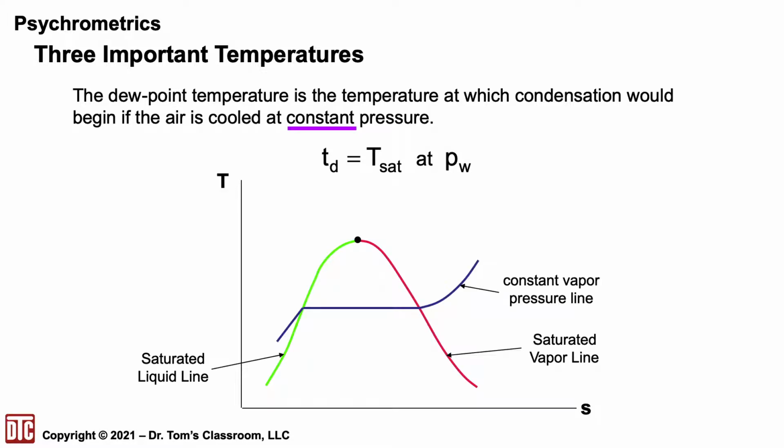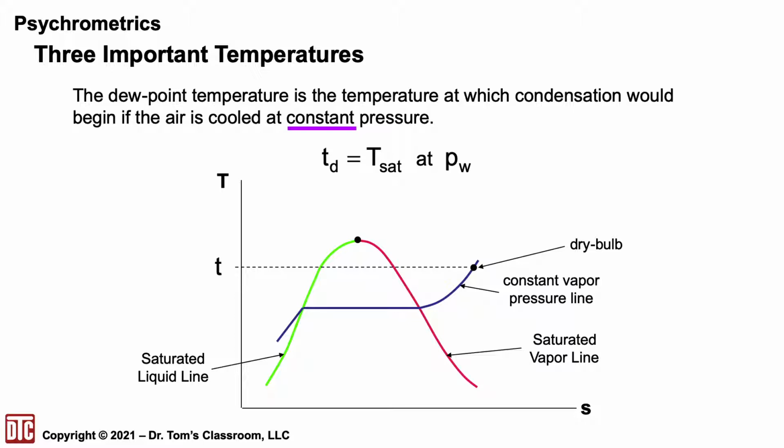Looking at the TS diagram, we can see steam. We can see the steam dome. The green is the saturated liquid line. The red is the saturated vapor line. Then I can draw lines of constant vapor pressure, constant pressure of water vapor. I can plot a temperature, T, on my constant pressure line. It's not saturated.